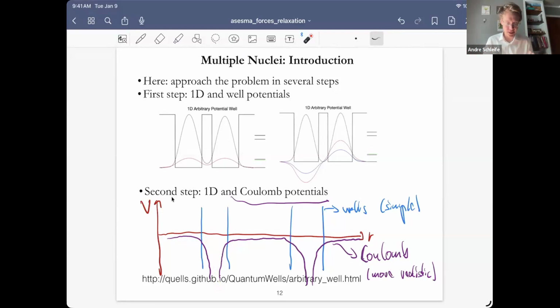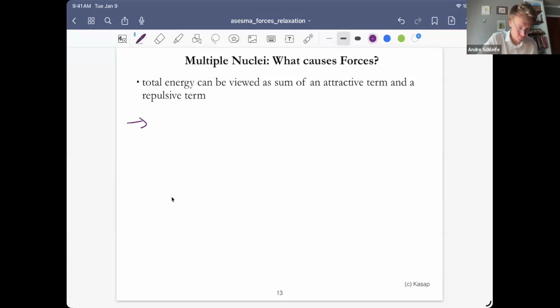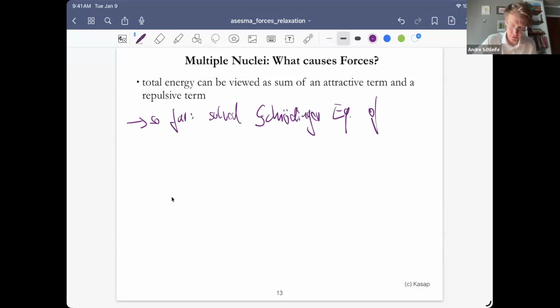Any questions about this? So this is what we've done so far. Maybe I go to the next slide. So far, we solved the Schrödinger equation of one electron between two protons, of one electron with two Coulomb potentials. So that's what we've done so far.